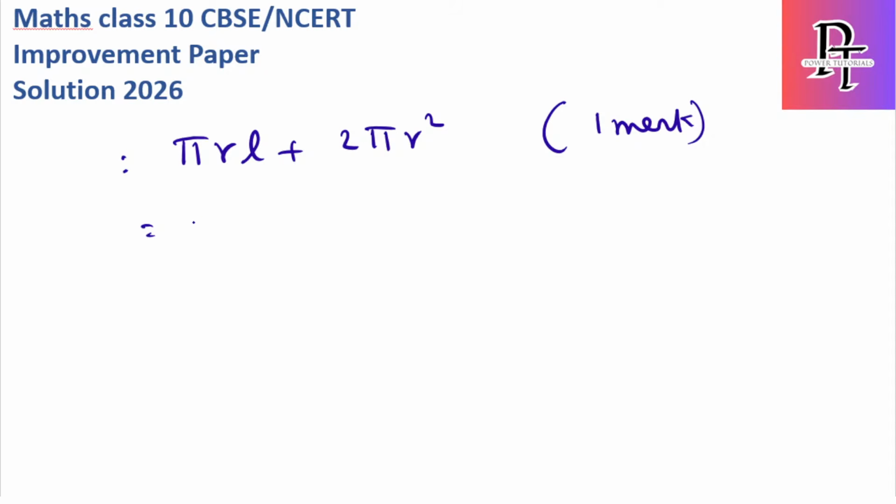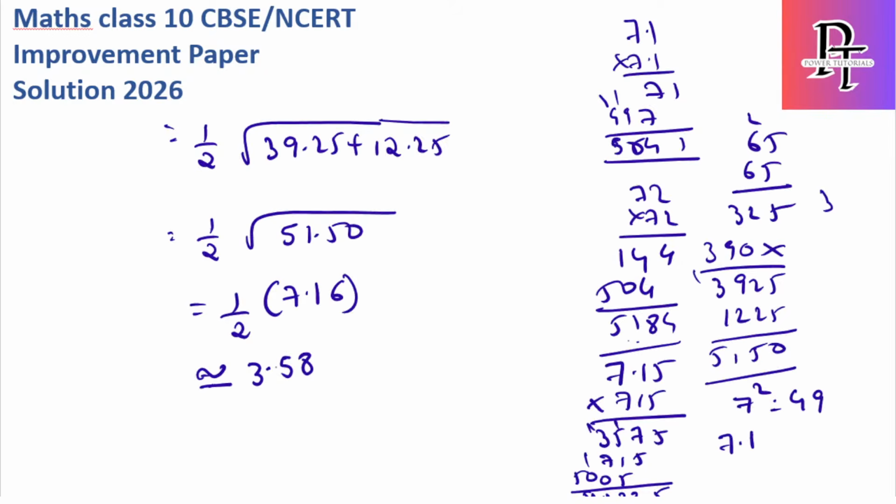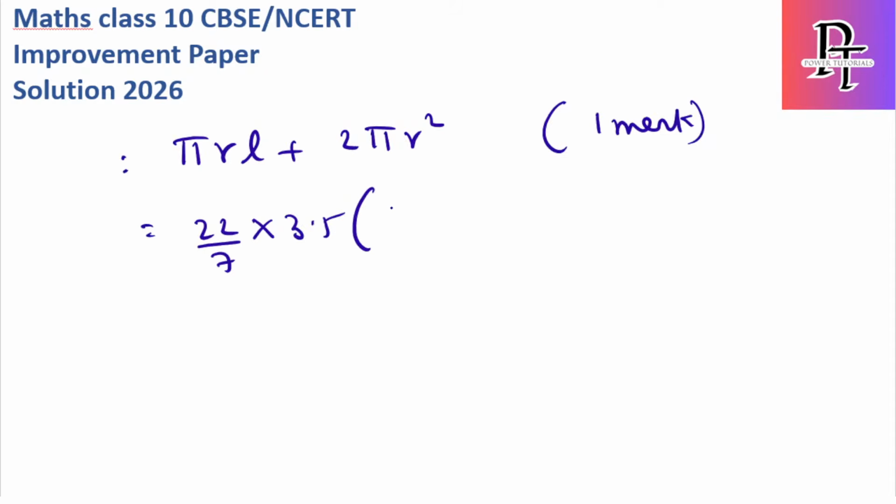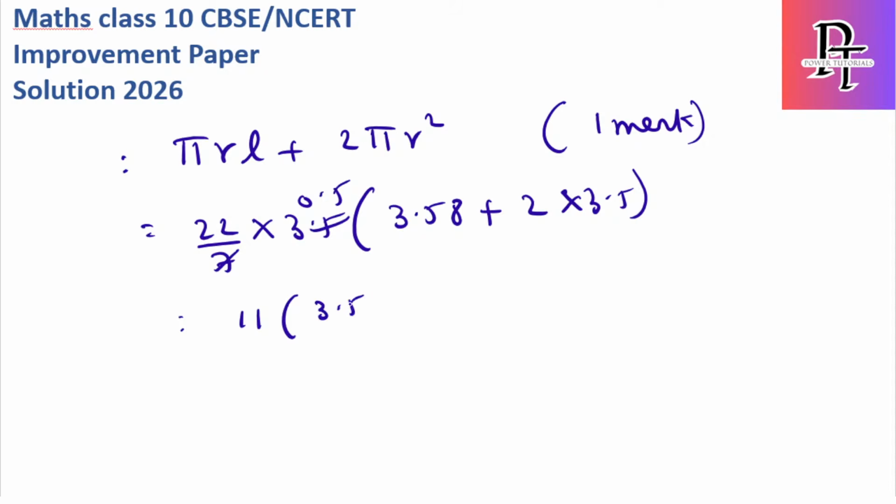So pi is 22/7. So 22/7 into r, I will take it as common. R is 3.5 into L value, I got it as how much? 3.6, I got a closer value. So I'll write it as 3.58 only, plus 2 into r, 2 into 3.5. So 7 ones 7, 0.5s. So 22 into 0.5 is about half, which is 11. 11 into 3.58 plus 2 into 3.5 is 7.